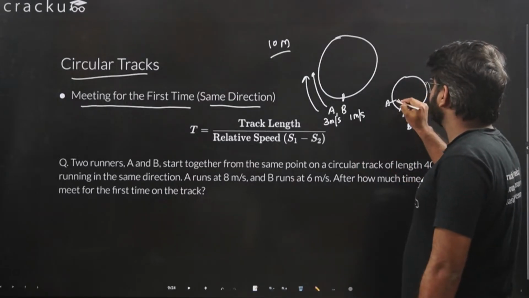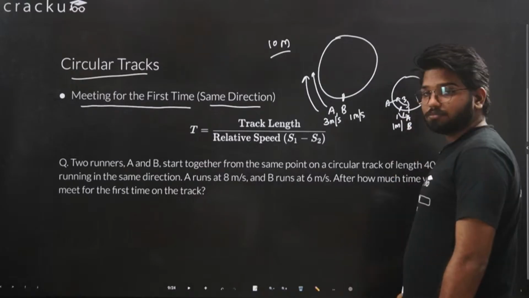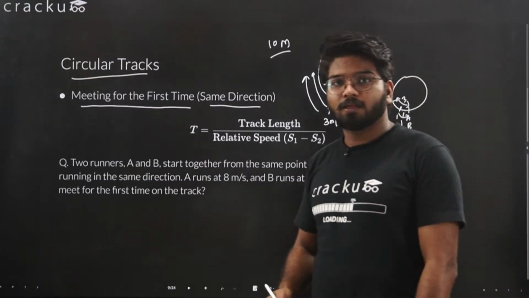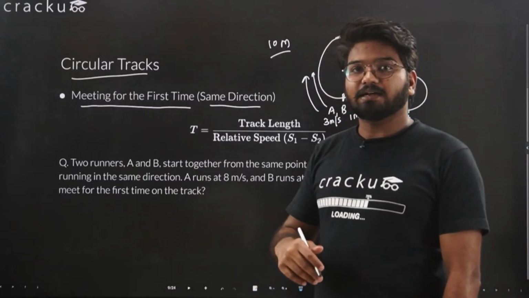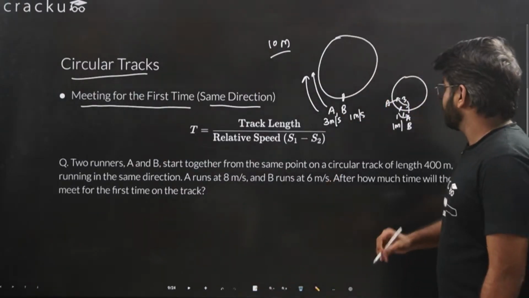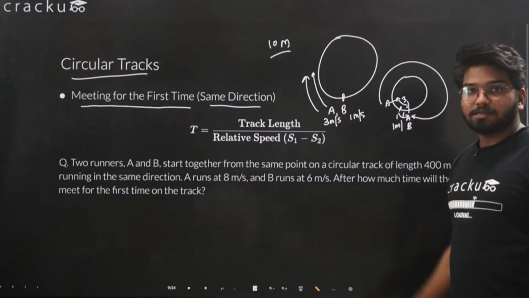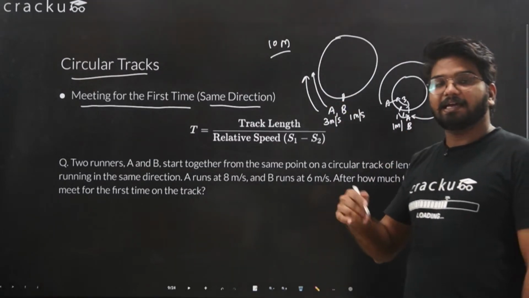A has covered 3 meters. So A is completely passing. So how can we say when they will meet? For meeting, the only option is A will have to cover his circle and then pass B. Then only A and B will meet.